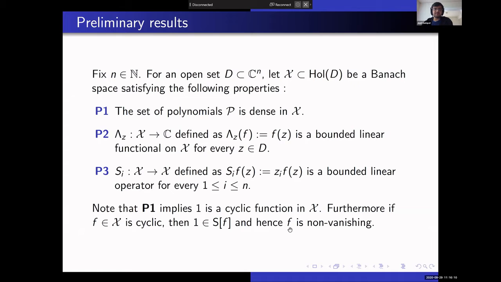And that implies that f is non-vanishing, because if f vanished at a point z, then every function in the shift invariant subspace would vanish at that point z, which would contradict the fact that 1 is in that space, because 1 is non-vanishing. So we have some trivial necessary conditions over here for cyclicity. Simply, f is non-vanishing, which will be useful later.